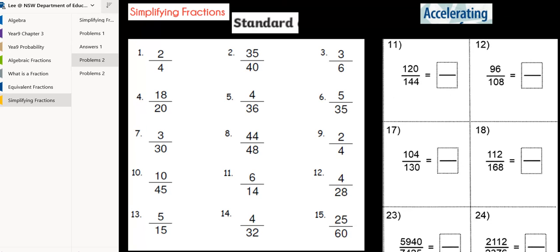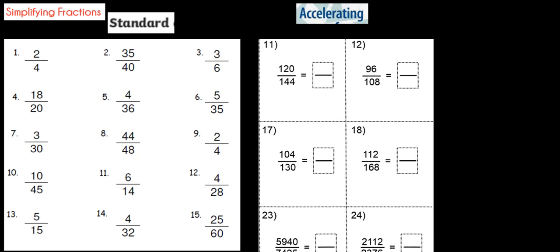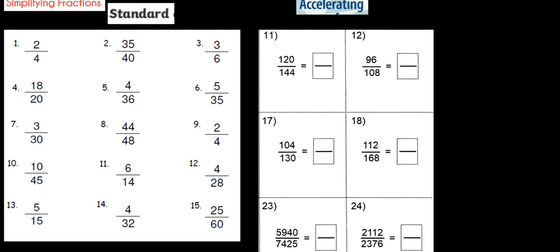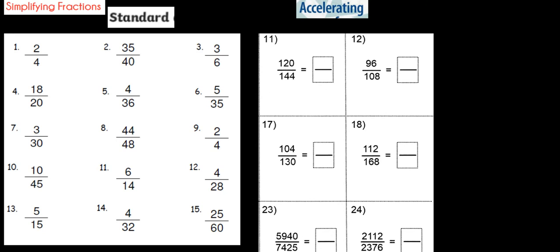Now, on these problems, you need to find the greatest common divisor. Just a quick note: the greatest common factor and highest common factor mean the same thing. Greatest and highest are synonyms.